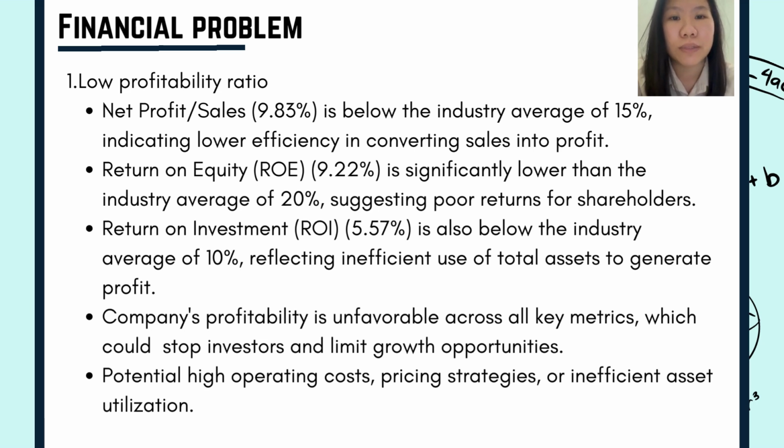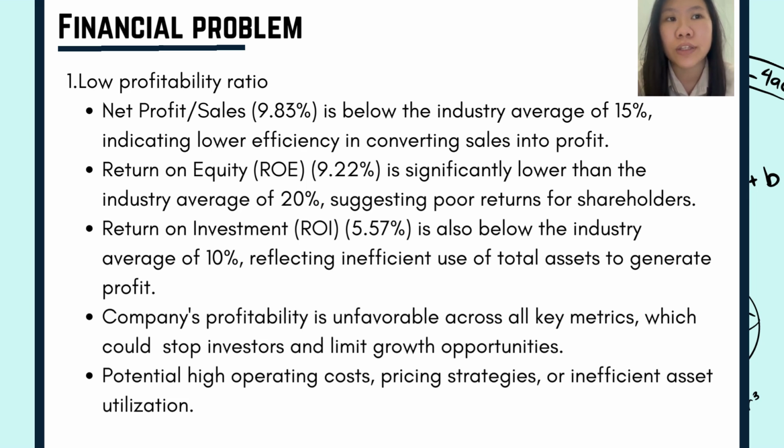The first one is low profitability ratio, where our company's net profit margin is 9.83%, which is below the industry average of 15%. This shows lower efficiency in converting sales into profits.